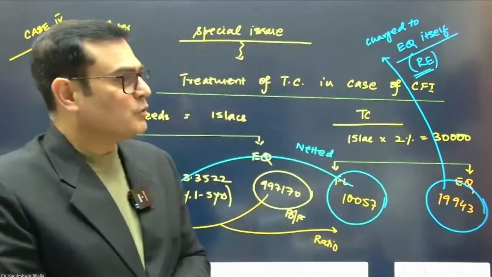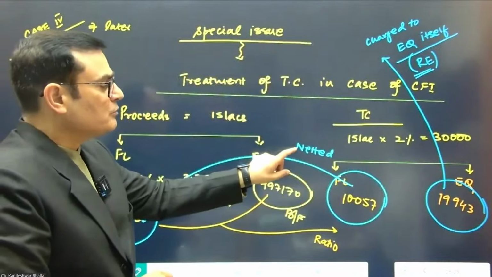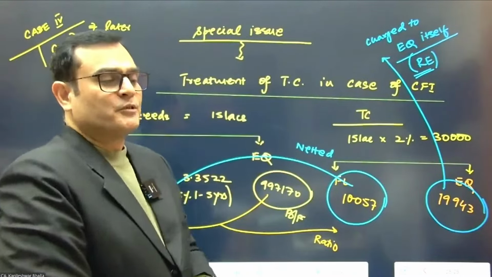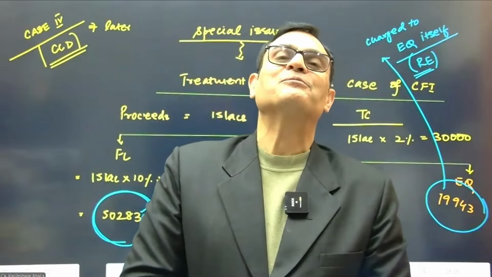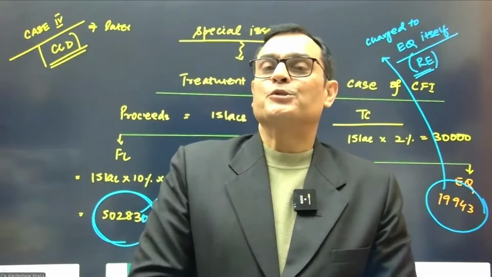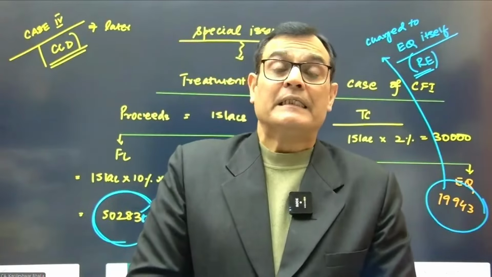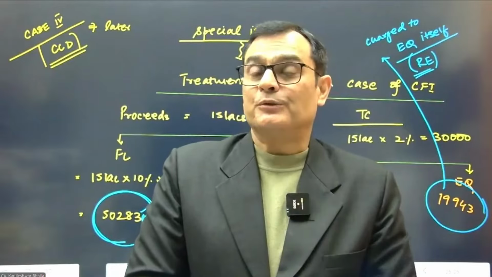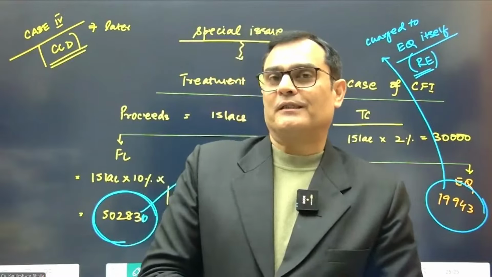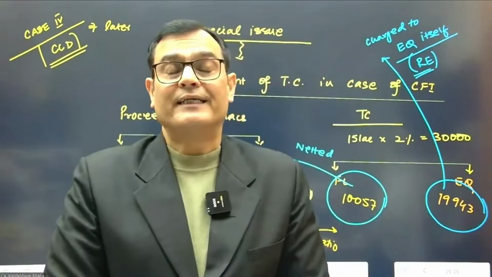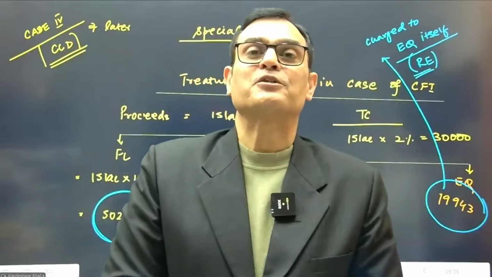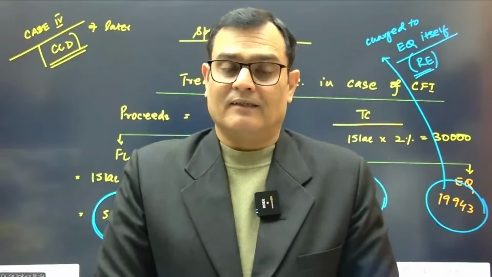Now, how is this going to impact the accounting for the financial liabilities subsequently? That is what we're going to discuss in the next agenda. My discussions on CFI are not completely done. I am yet to discuss this issue. And then there is another special issue coming in, which is the early redemption of the compound financial instruments.